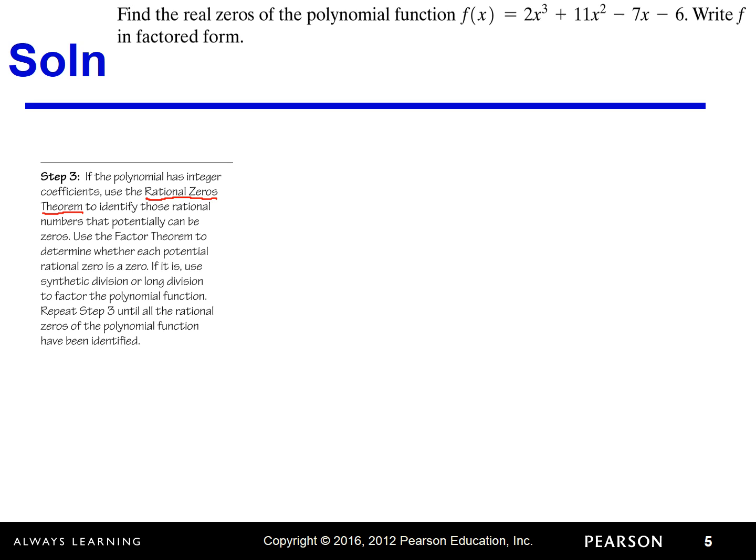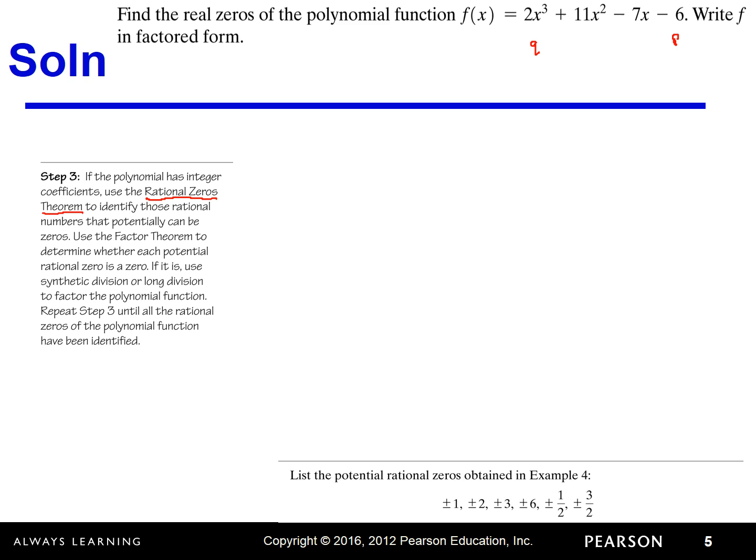Now, these potential rational zeros, if you get your p's and your q's and your p over q's, your p's will be factors of the constant: plus or minus 1, plus or minus 2, plus or minus 3, plus or minus 6. And your q's will be plus or minus 1, plus or minus 2, factors of the lead coefficient.